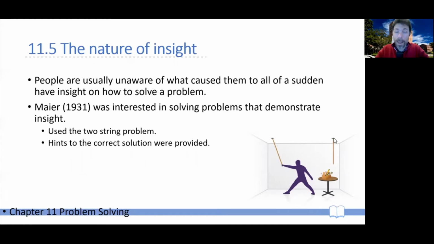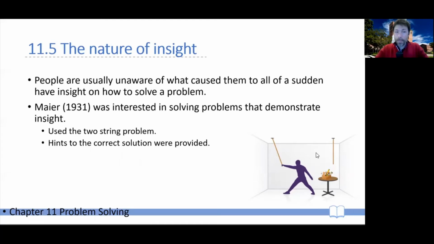So you have to find a way to get the second string. And you'll remember that the solution was to take one of the tools. In fact, in the original problem, there just was, I think, a hammer. Take one of the tools, attach it to the string, and then swing it. And when it swings towards you, just grab it.